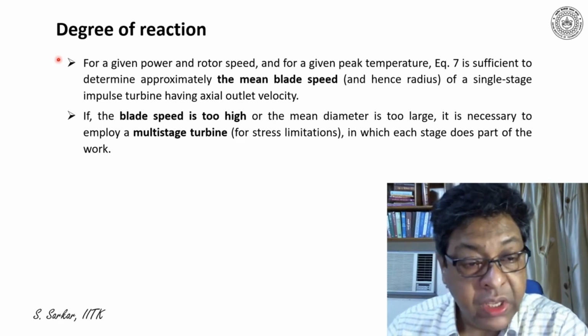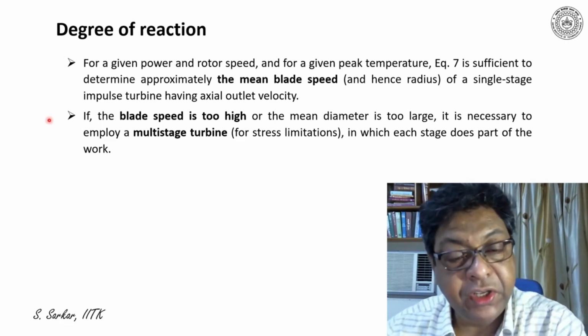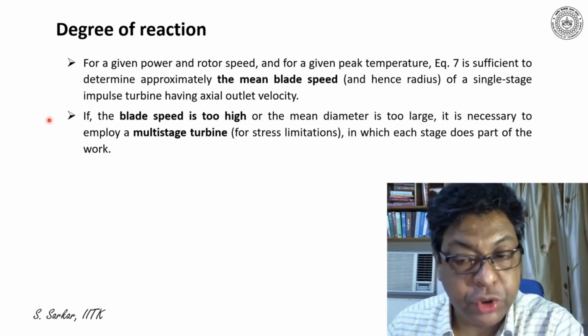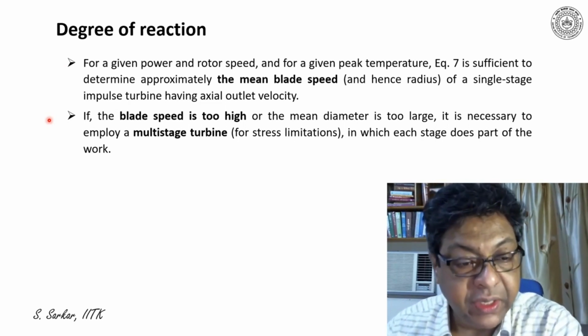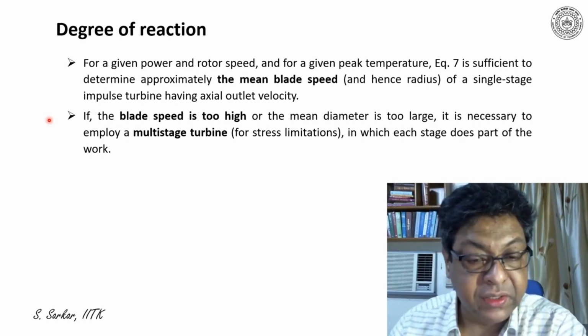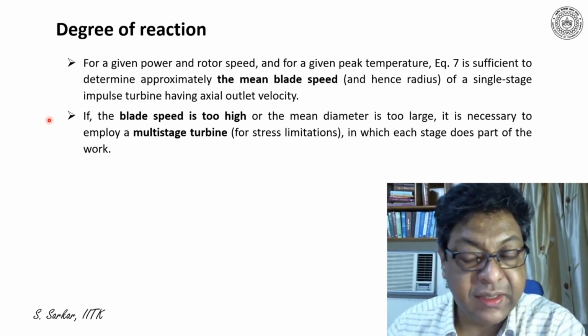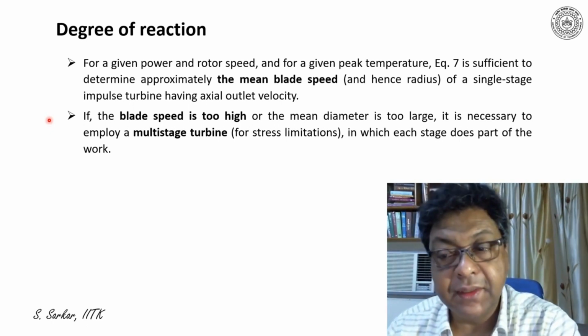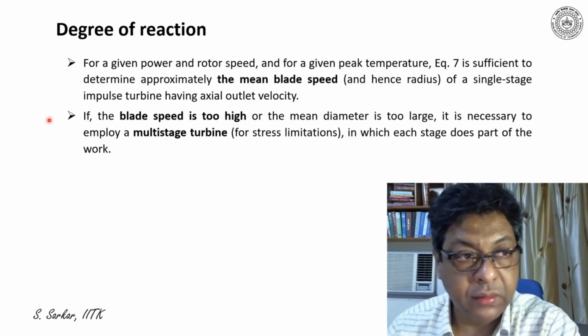Now, if the blade speed is too high or the mean diameter is too large, it is necessary to employ a multi-stage turbine for stress limitation, in which each stage does part of the work.